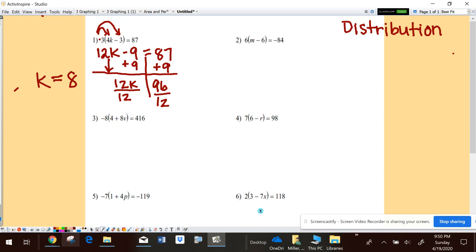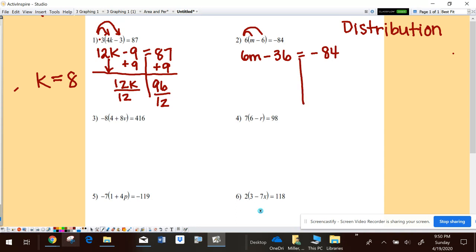All right, good job. Let's try another one. This time I'm going to have you do a few more steps. The first thing we need to do is 6 times m is 6m. Now I need to multiply 6 times negative 6. It's going to be negative 36. I'm going to bring down my 84 and draw my line.